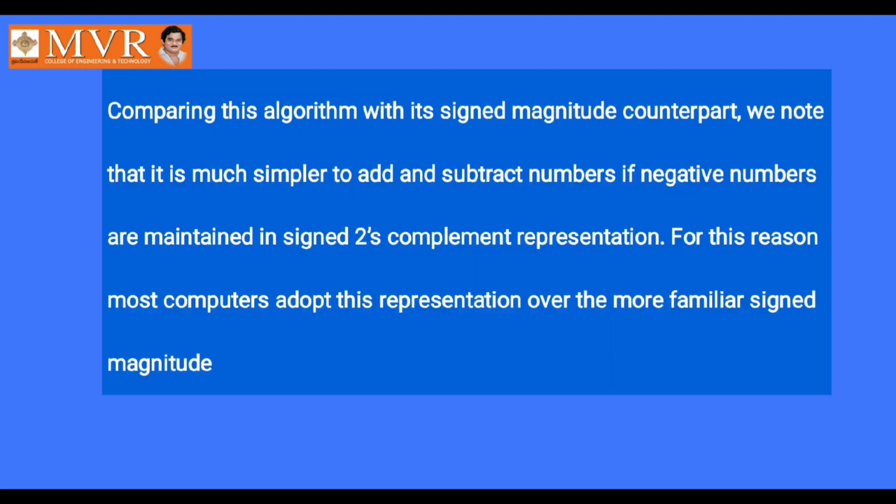When you compare this algorithm and flowchart with the signed magnitude algorithm which we discussed, we know that it is much simpler to add and subtract numbers if negative numbers are maintained in signed two's complement.